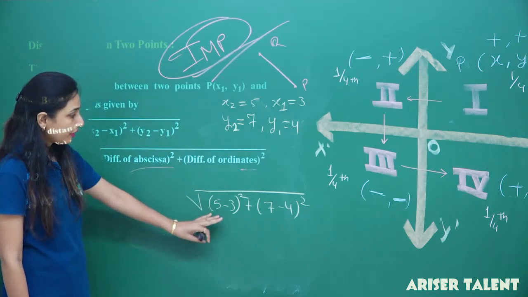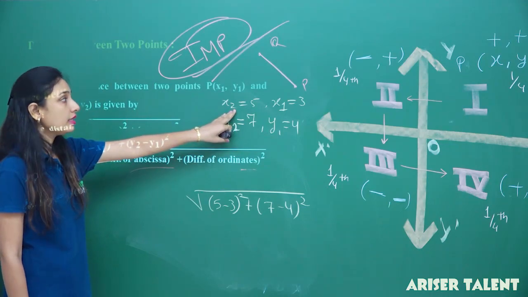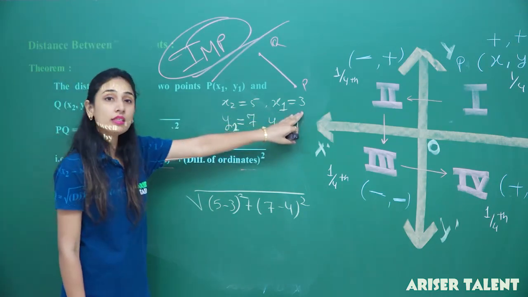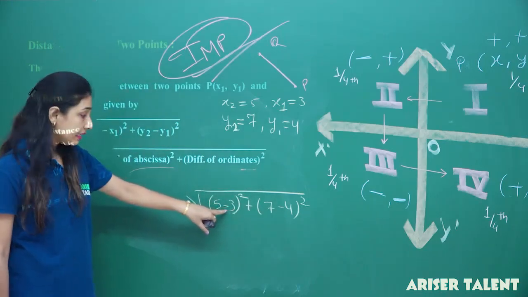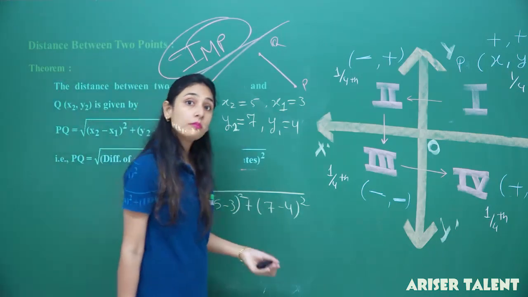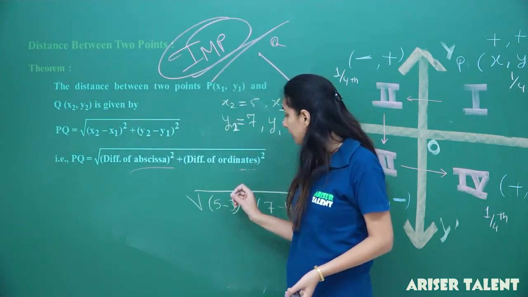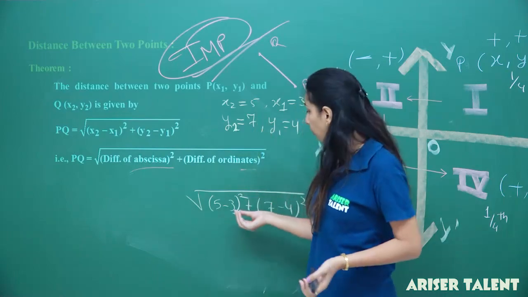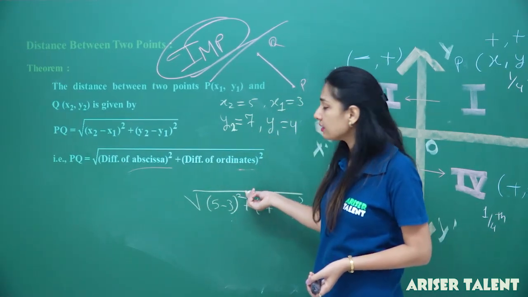If we exchange them, like x2 is the smaller one and x1 is the greater one, that will be 3 and 5 here, and there will be a negative, but this is a square, so there is no need to be obsessed about it being negative. Even if this term is negative, there is a square.